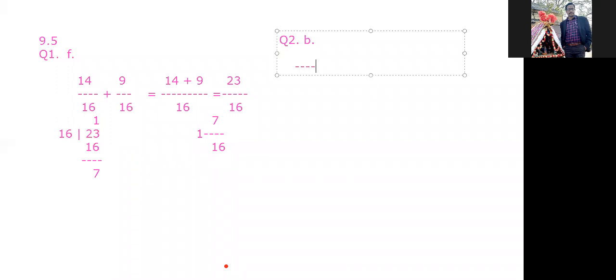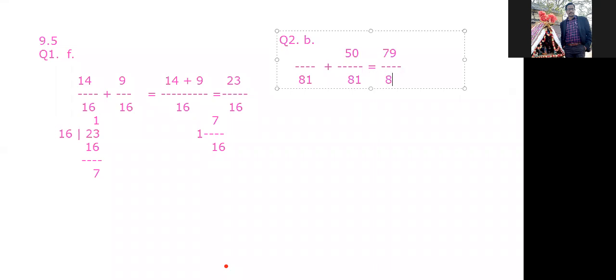First one is a dash divided by 81, plus again the numerator given here is 50, and the denominator is 81. The result is also given: 79 over 81.